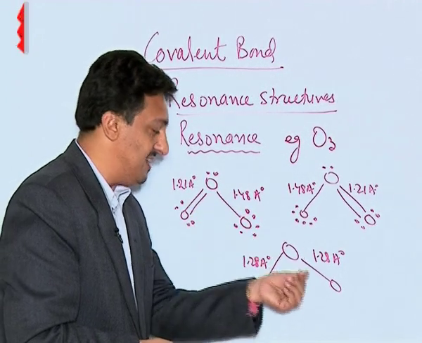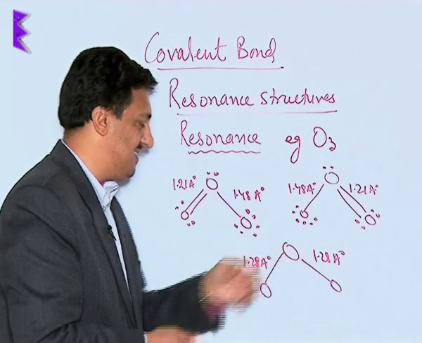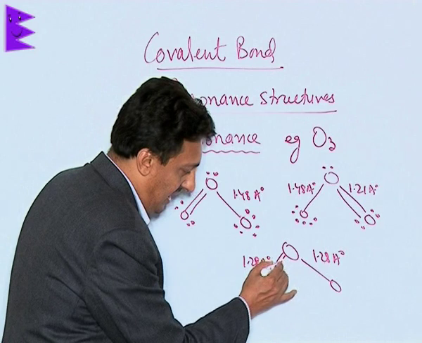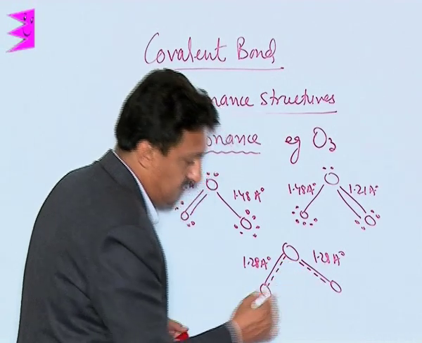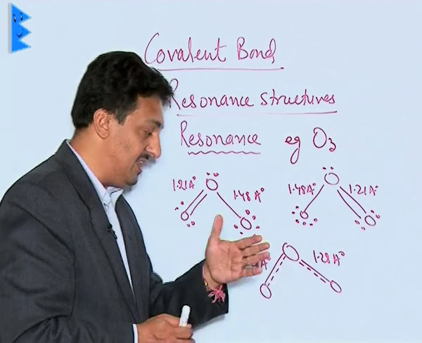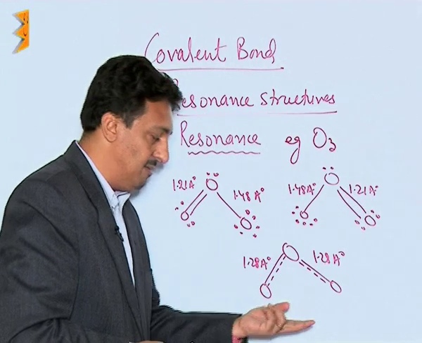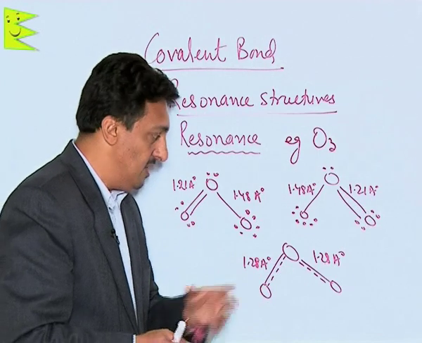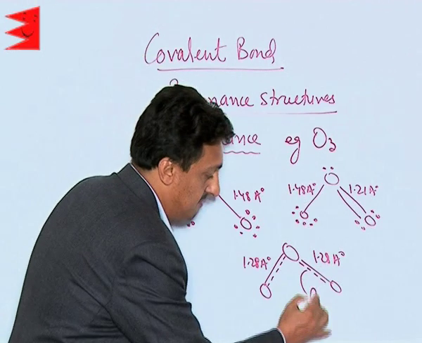We call these bonds not single bonds, not double bonds, but partial double bonds, and the bond length suggests that these bonds are to be written like this. Now these dotted lines indicate that these bonds are neither completely single bonds nor completely double bonds. They are in between the two, because the bond length is in between these two.